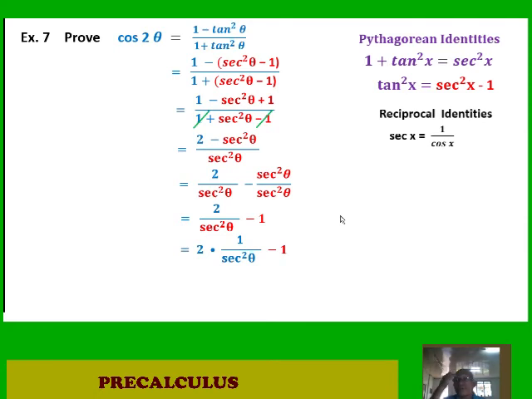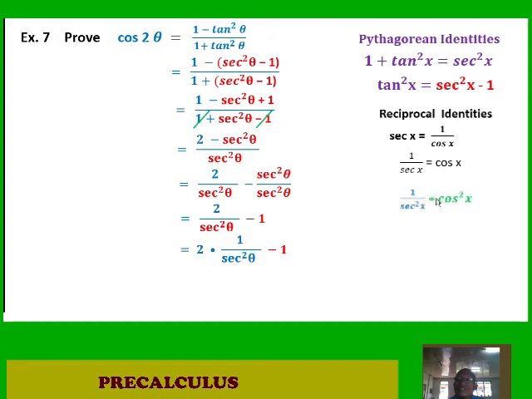From the reciprocal identities, secant x is equal to 1 over cosine x. If we get the reciprocal on both sides, the reciprocal of 1 over secant x and the reciprocal of 1 over cosine x is equal to cosine x.